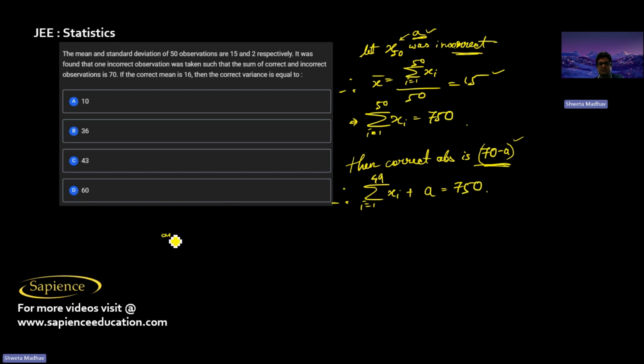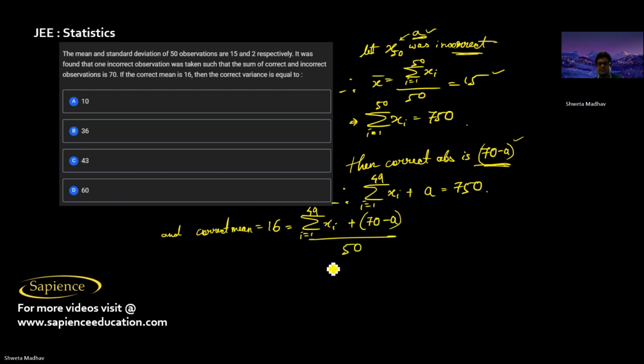And it is also told the correct mean is equal to 16, and that is equal to summation i goes from 1 to 49 xi plus 70 minus A, divided by 50.